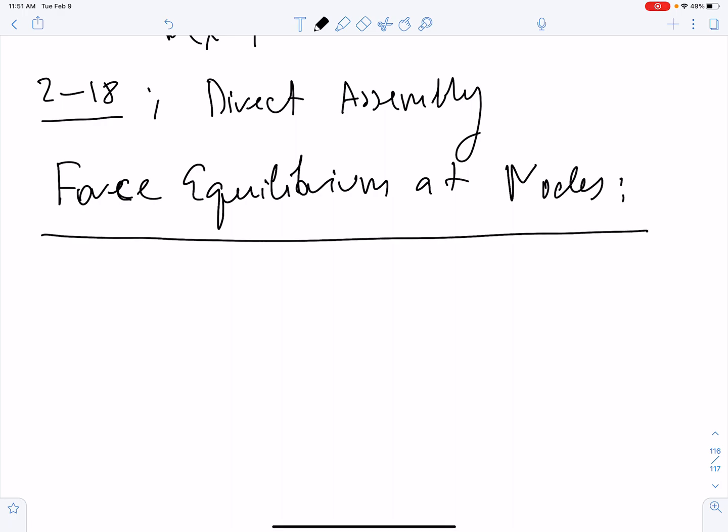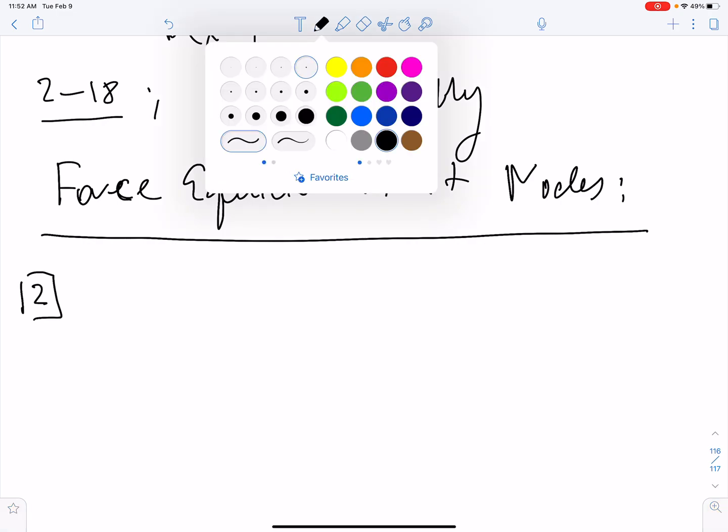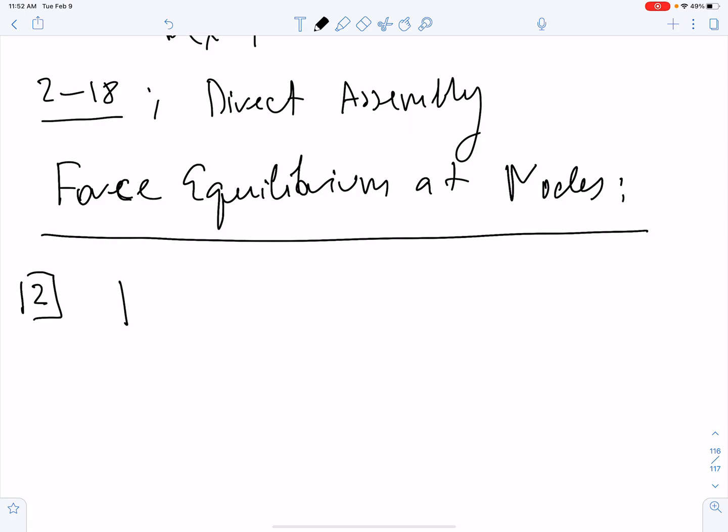If we look at node 2, let's start with 2, because this is where degrees of freedom are free, then P1 must be such that it's offset by the sum of F3A and F3B.